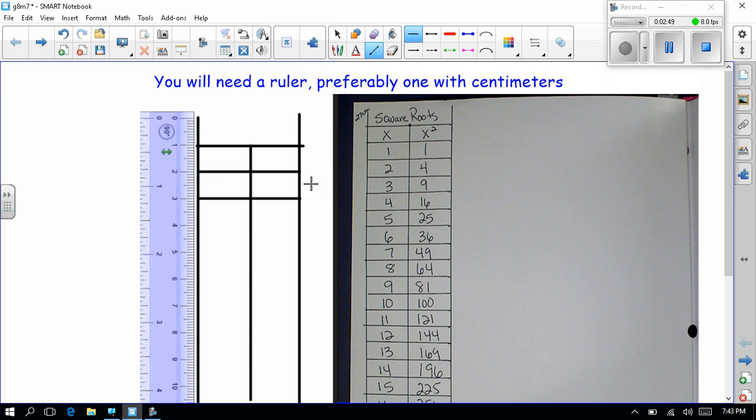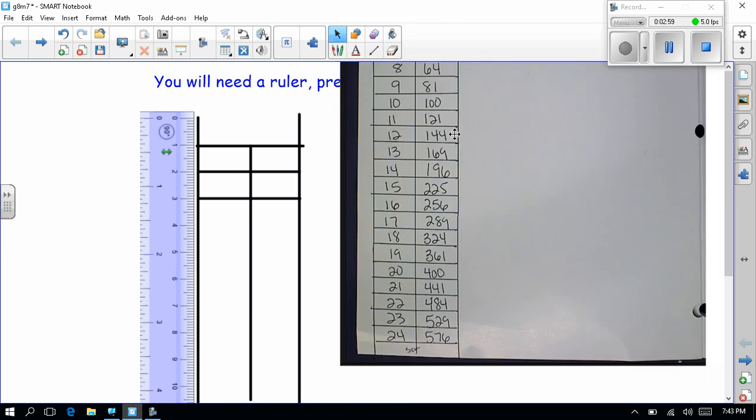If you make yours 27 centimeters long, like I did mine, you should have enough space to record perfect squares going all the way to 24. So are we going to use the squares going that high? Possibly. Do I want you to memorize all of them up to 24? No, not necessarily.